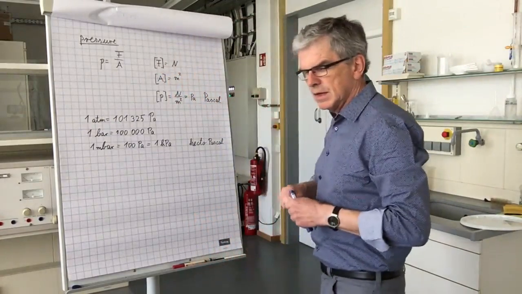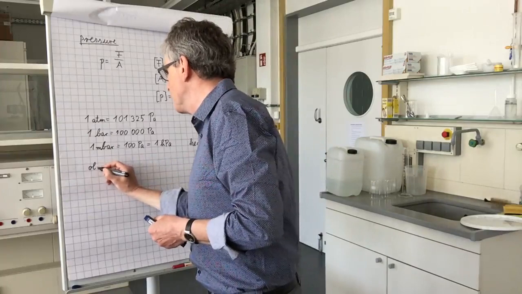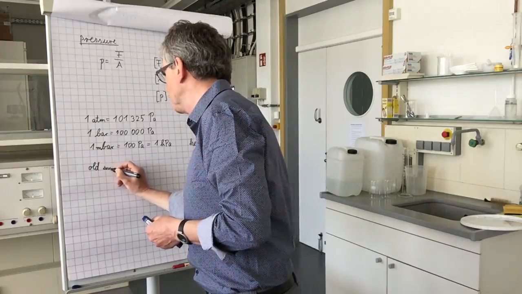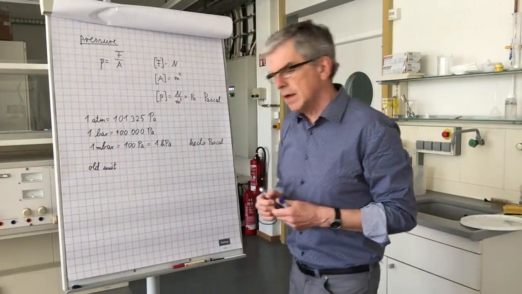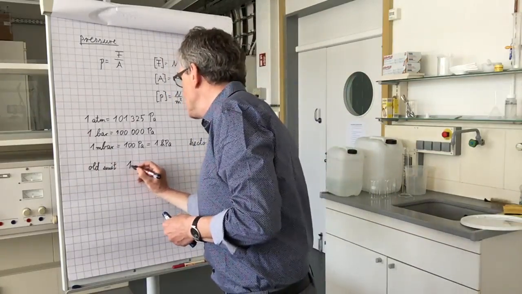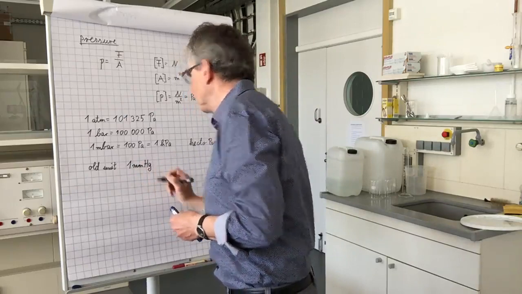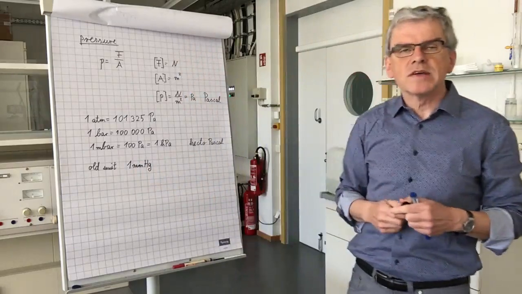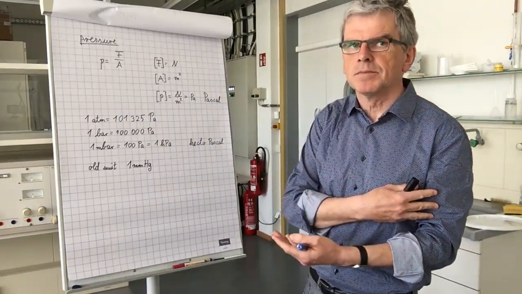So there's also an old unit which is very often used in medical sciences, and that is 1 millimeter Hg. That is, for example, used by medical doctors if they measure your blood pressure.